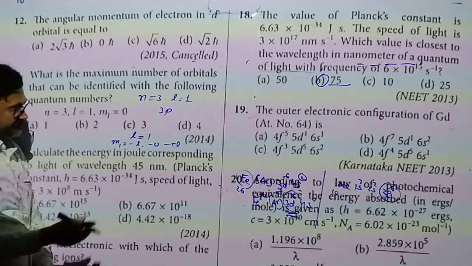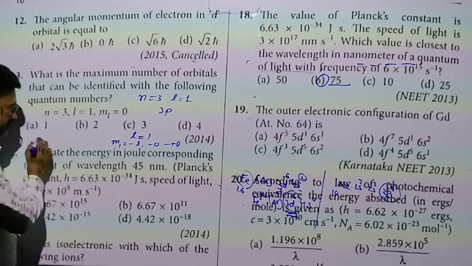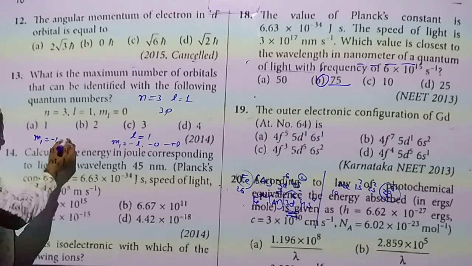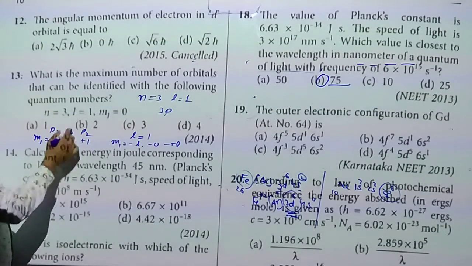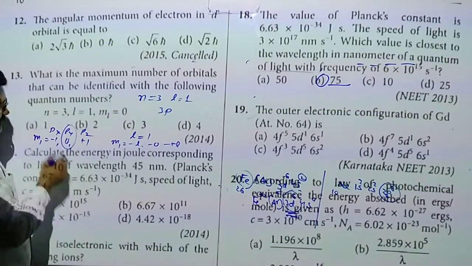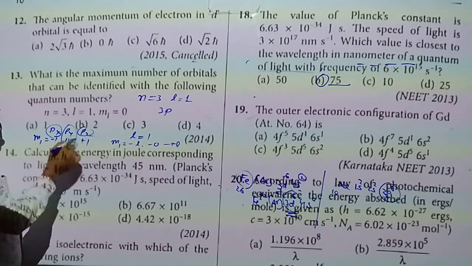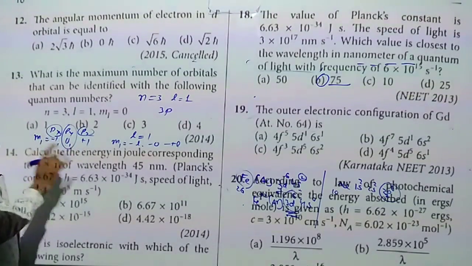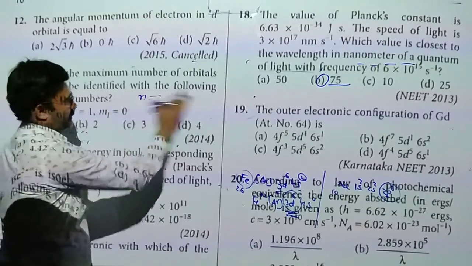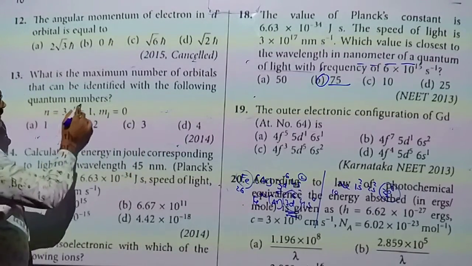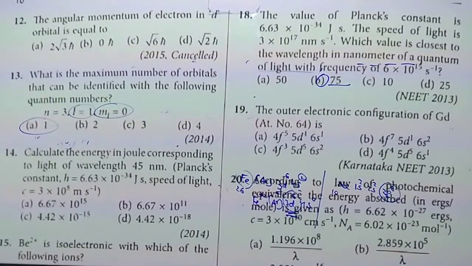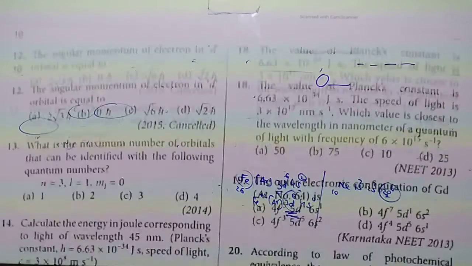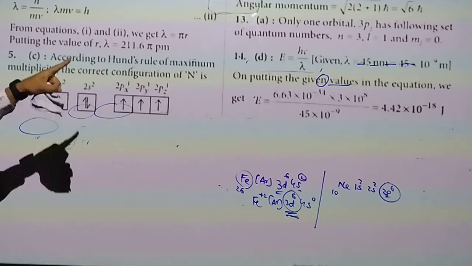So it will be minus 1, 0 and plus 1, so px, py and pz. So particularly py, otherwise px, only one out of the 3 will be there. So only 1. l is given, ml is given. So it should be 1. So answer is 1 for question number 13.